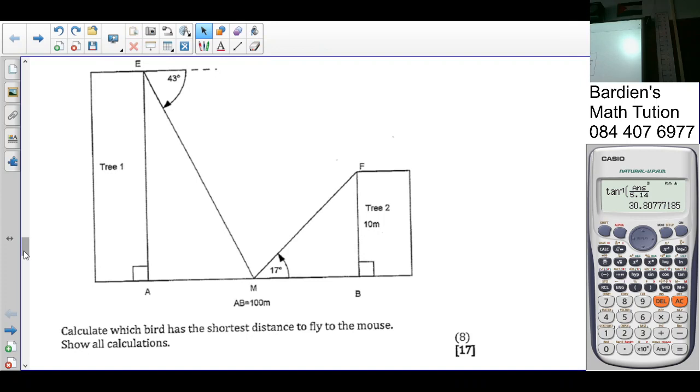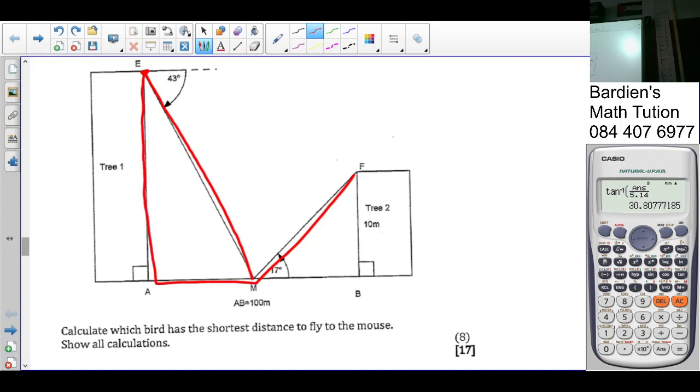We're calculating EM, yes, and FM. Not so? So if the eagle sees the mouse, he's not going to fly down here and then there. He's going to go straight.